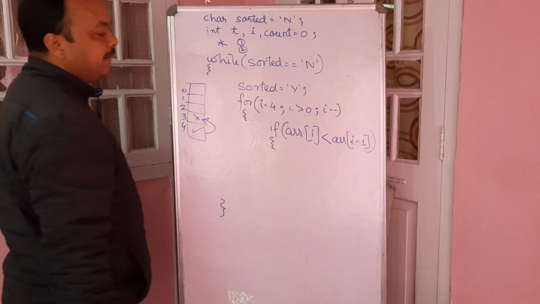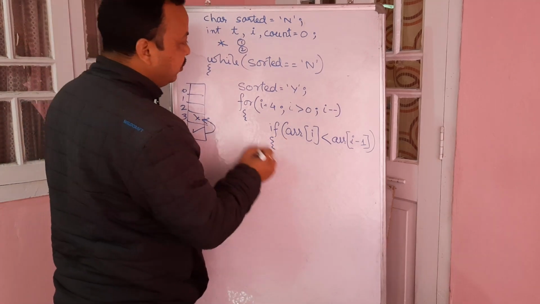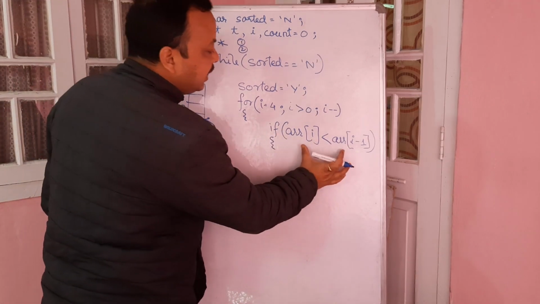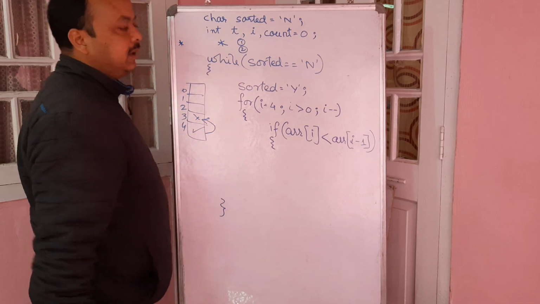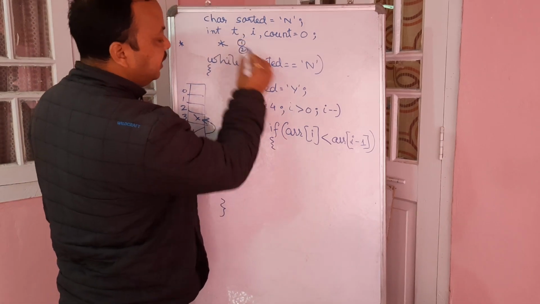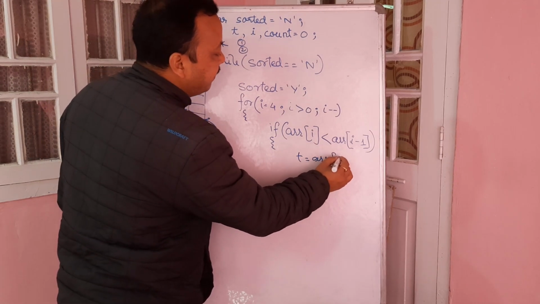If it is, that means my array is not sorted. If this condition is true, listen carefully, that means my array is not sorted. So if it is not sorted, I have to rearrange. I told you I took t here. So I will say t is equal to arr[i].